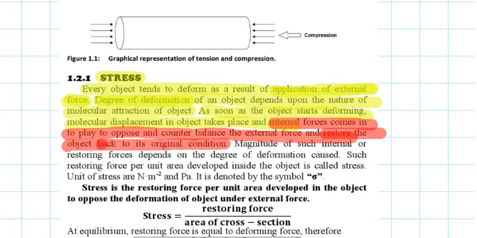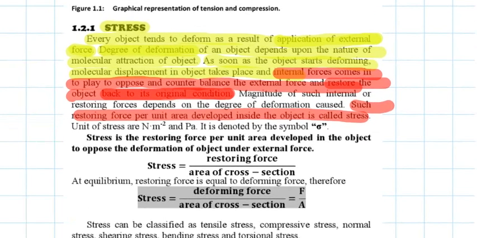Such a restoring force per unit area which is developed inside the object is called stress. So we can define stress as the restoring force per unit area which is developed in the object to oppose the deformation of the object under the external force.